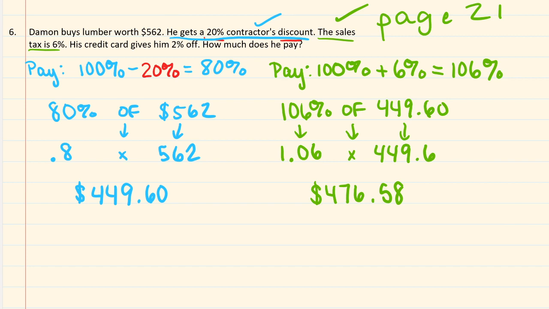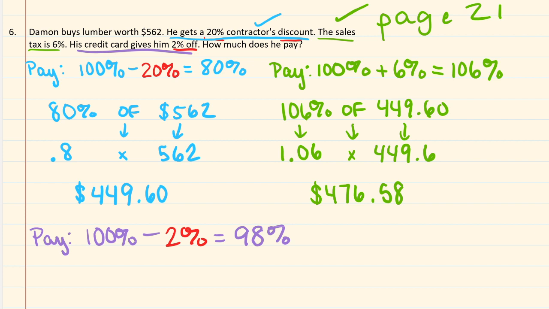Now we'll do purple. That's still not the final answer because his credit card is giving him 2% off. 2% off of what he's paying. So he's not going to pay the full 100%. He's going to pay 2% off of that. So he's actually paying 98%.